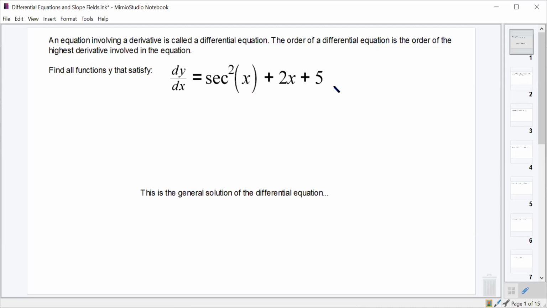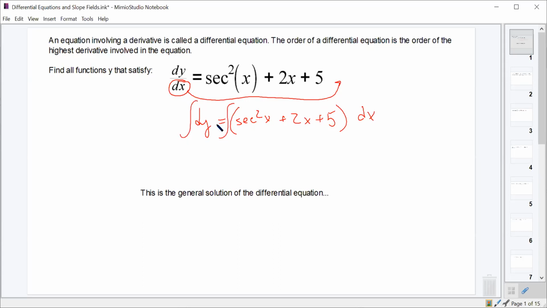We need to anti-differentiate it, we need to integrate it, in order to figure out a function that has this as its derivative. So we'll take this dx, bring it over here, and we will integrate both sides of it.